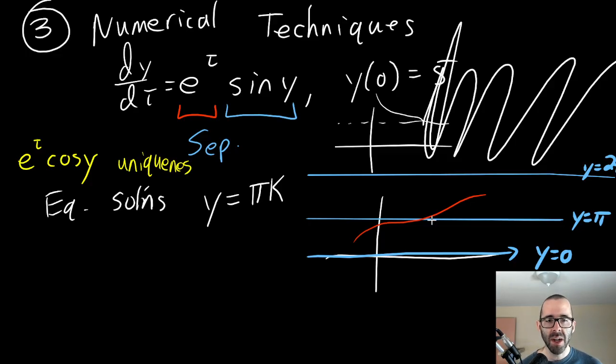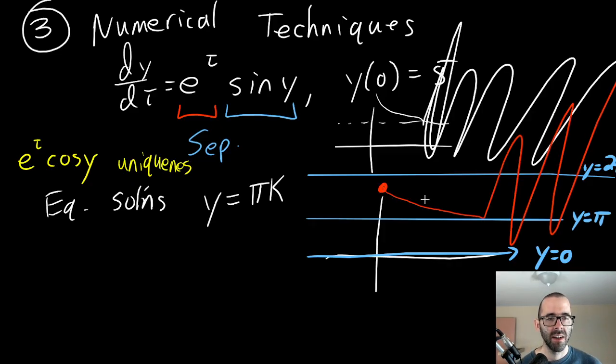This red curve is not a possible solution because it fails uniqueness. Specifically, our initial condition was y of 0 equals 5, which is right here. So the question is, right, this is what Euler's method said our answer looked like. Well, that's impossible, which you may have already guessed wasn't correct.